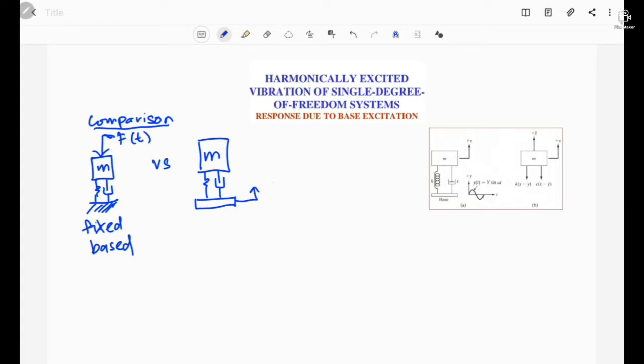So we call the input y(t), and x(t) is the output. So there is a big difference here: instead of a fixed base, we call it base excitation.